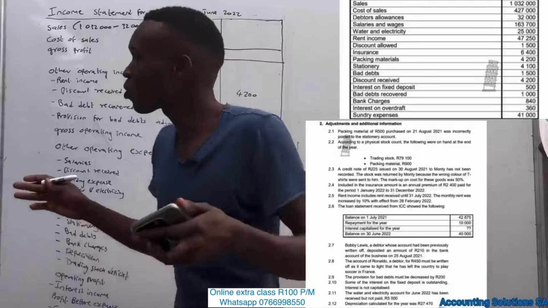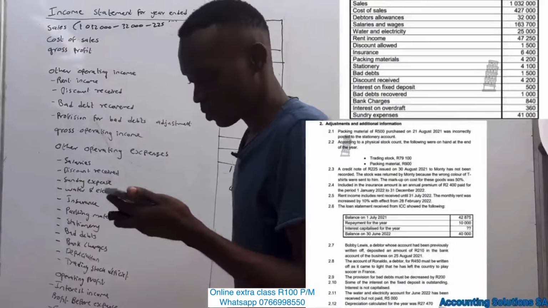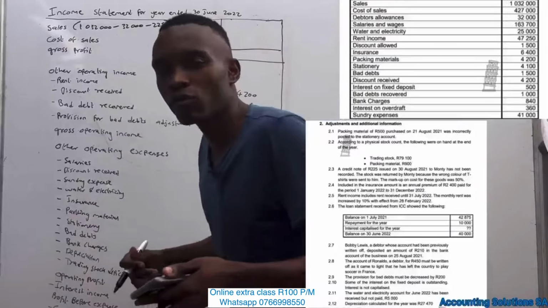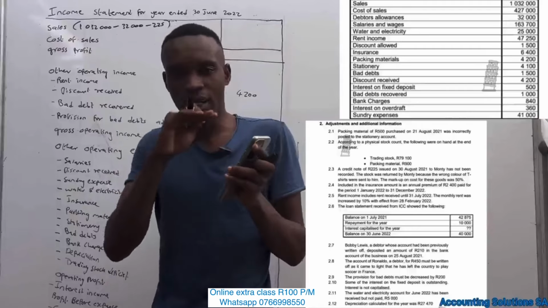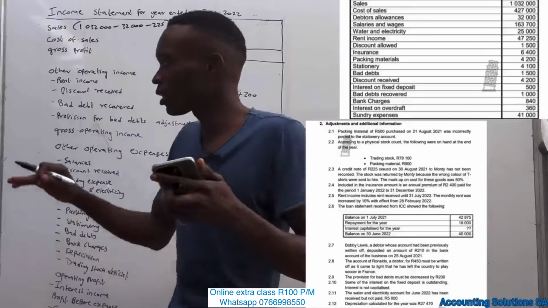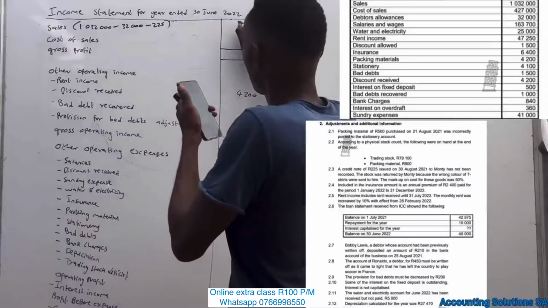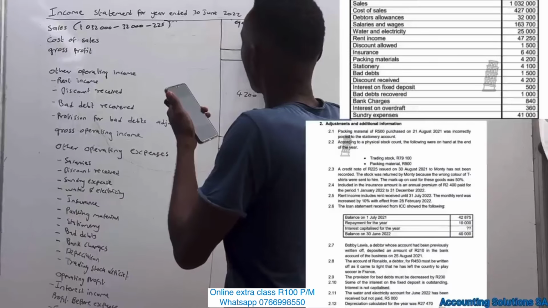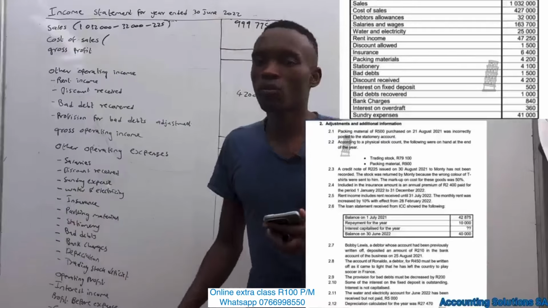That 225 is no longer sales. We have to subtract it. Which means that now we can close the balance. But if you are writing examination, read all transactions and check if there is any other transaction related to sales. Then if you calculate, you're going to get 999,775.